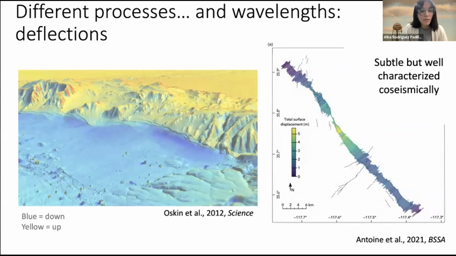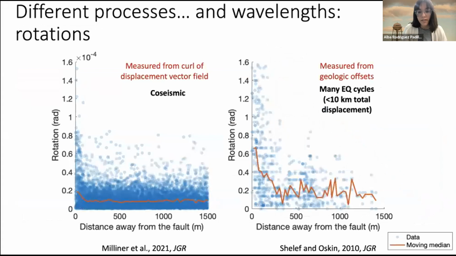The last process I want to touch on briefly is block rotations, which are also an important part of fault zones. Here on the left, I have rotations over distance away from the fault for the 2019 Ridgecrest earthquake. This is from the work of Chris Milliner, and these are based on the curl of the displacement vector field. So these are measured geodetically.